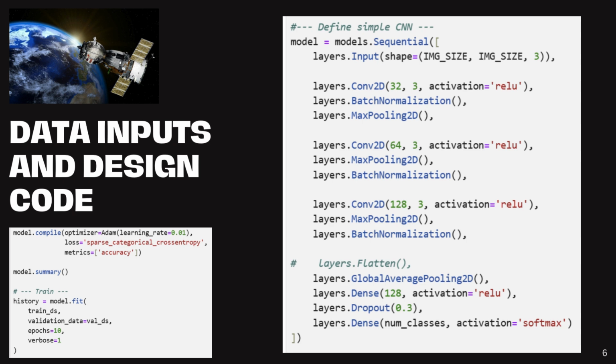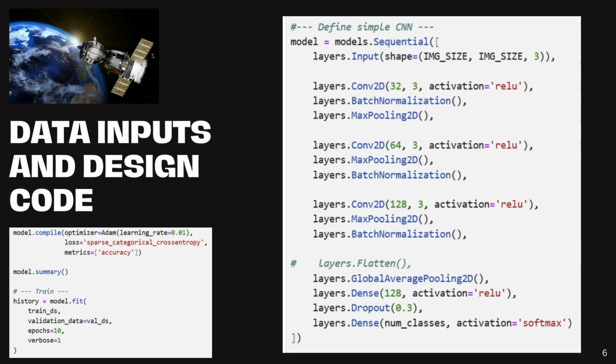This is the code that I had, and this is the model that I created. I'll be explaining what convolution is, what pooling is, and so on. This is the code and how I trained it. On the bottom left, you can see the optimizer, the summary, and the history that it trains on.